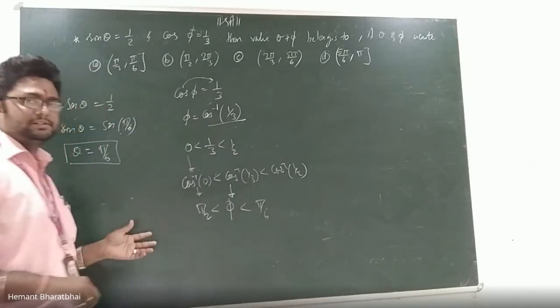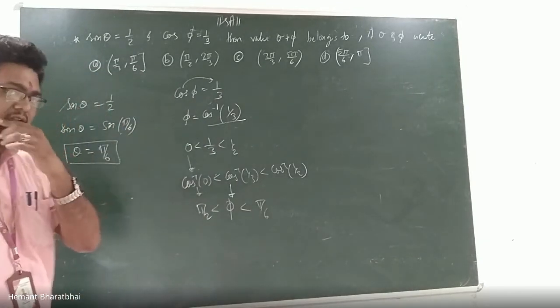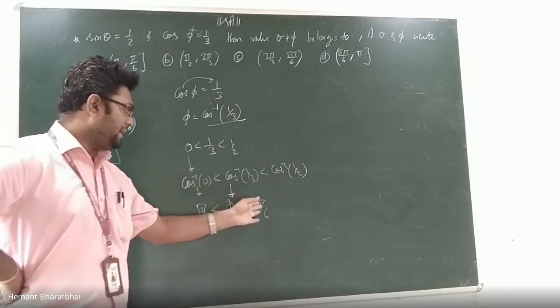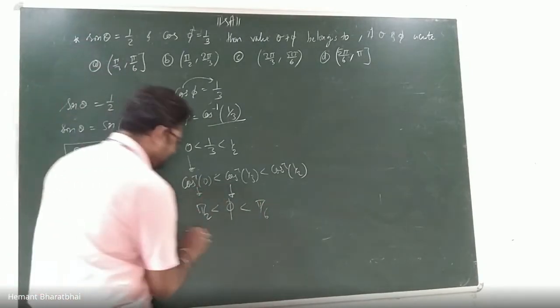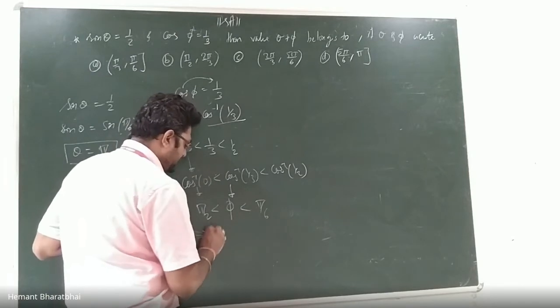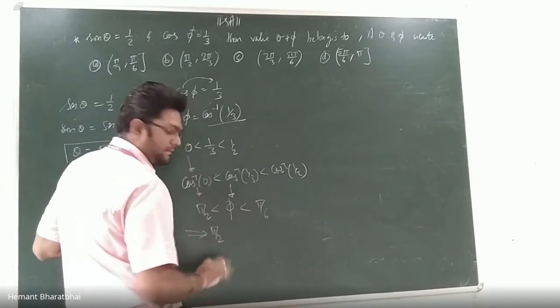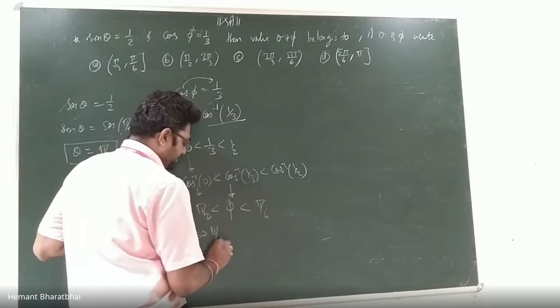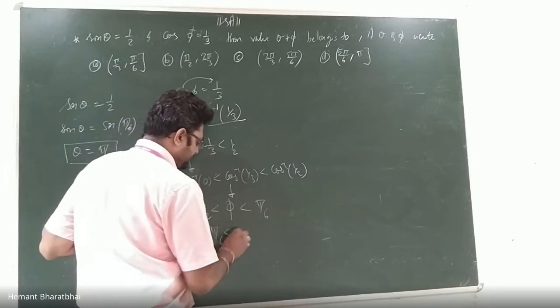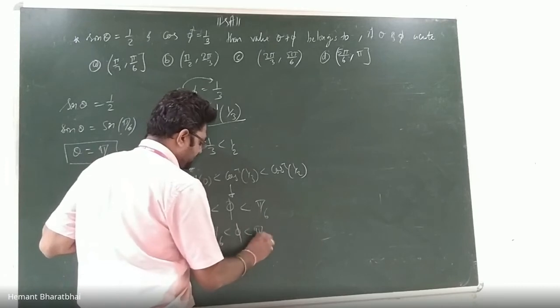But now, when we have written something like this, it becomes that pi by 3 is greater than pi by 2. That is wrong. And hence, we will have to change the sign. So we'll write it as pi by 3 is less than phi is less than pi by 2.